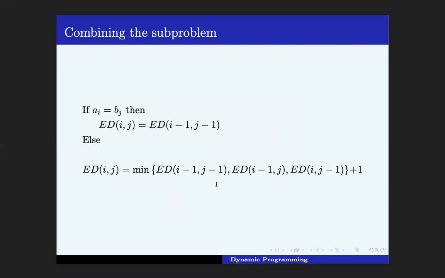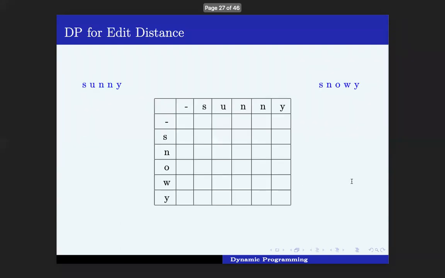Okay. ed(i,j) depends on either (i-1, j-1), or (i-1, j), or (i, j-1). So in the picture, this square depends on, if these two characters are the same, then (i-1, j-1), the diagonal top left corner.